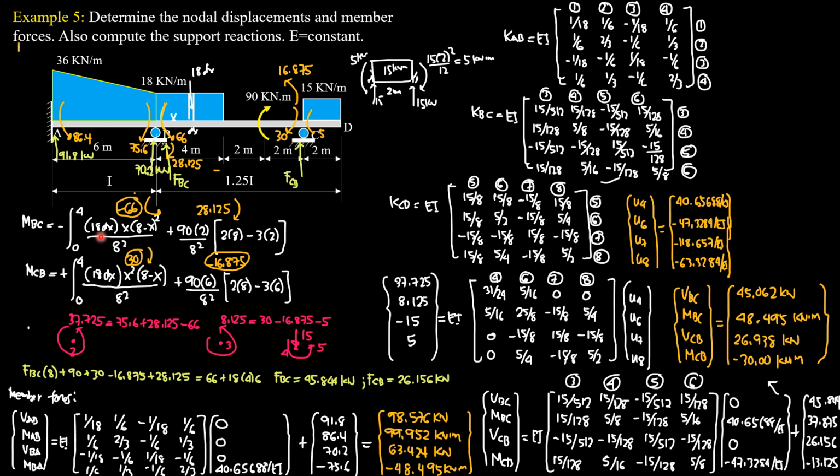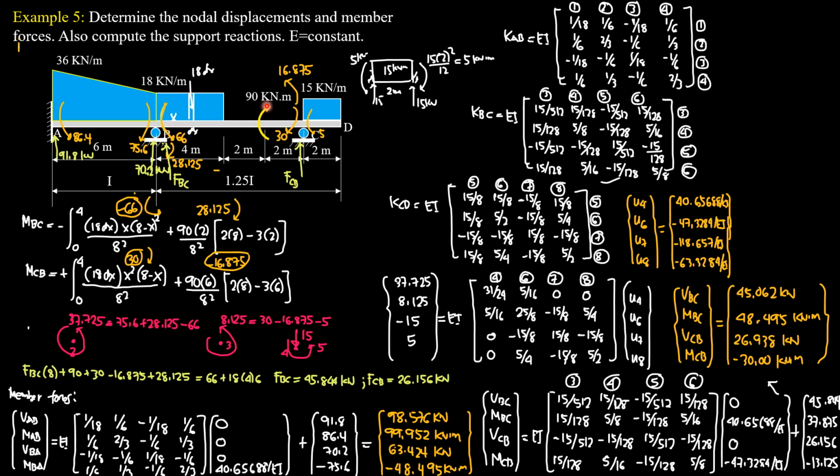And that's the way of computing fixed moment in BC. If you're not a student in structural analysis, definitely you cannot understand this. But if you discuss slope deflection equations, then you know that it is negative 66 kilonewton meter due to this load.